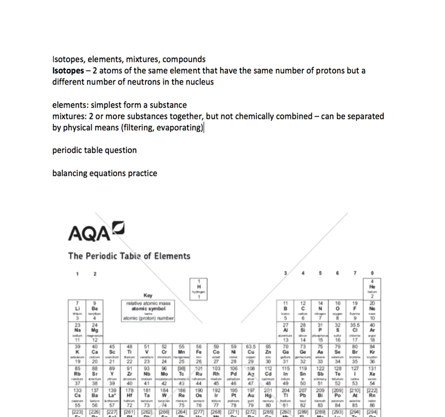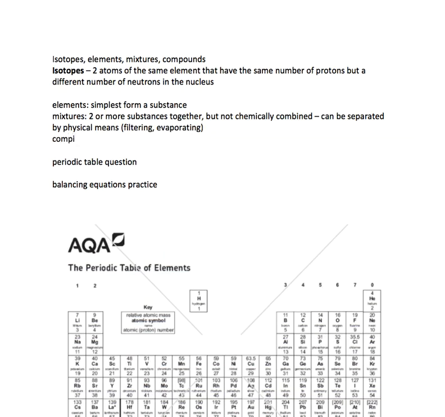Those are physical means of separating, whereas a compound is two or more elements combined chemically, bonded together. So, elements like the whole periodic table here, these are the elements. Mixtures, two or more substances, might be elements, might be compounds, but they're mixed.